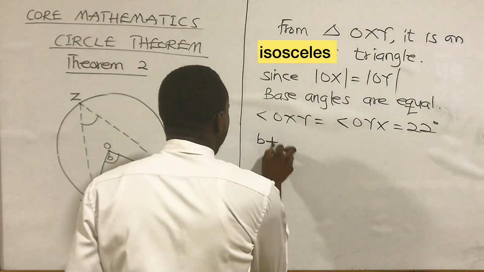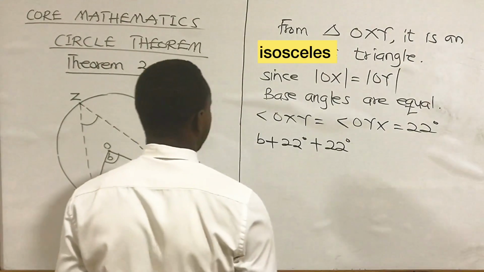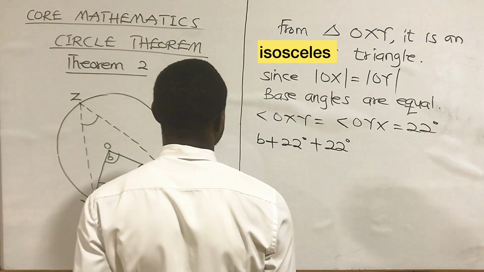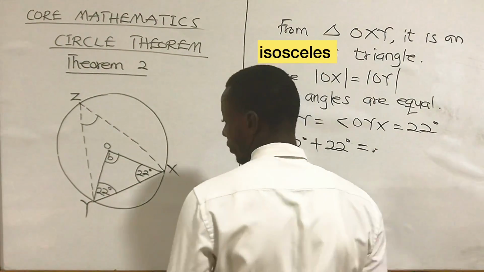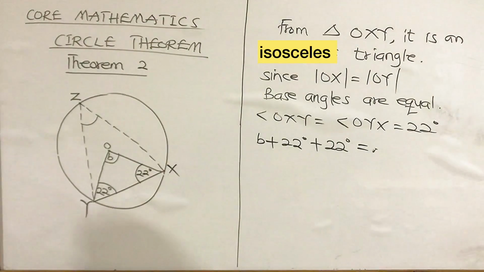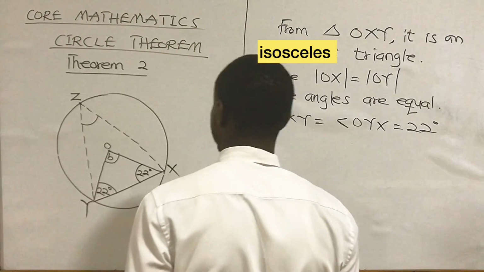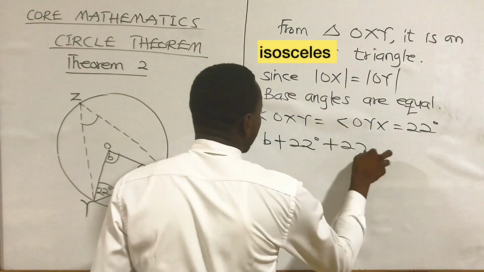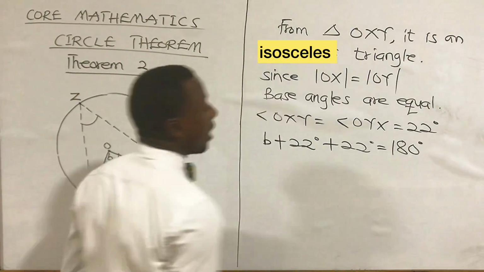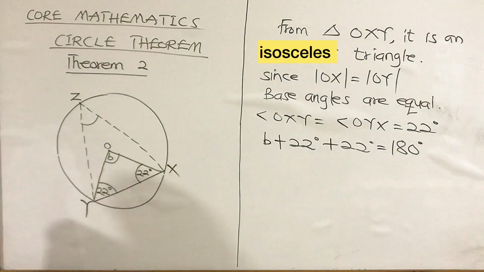So we have B plus 22 degrees plus another 22 degrees, and everything has been equated to 180 degrees, because the sum of angles in a triangle is 180 degrees.